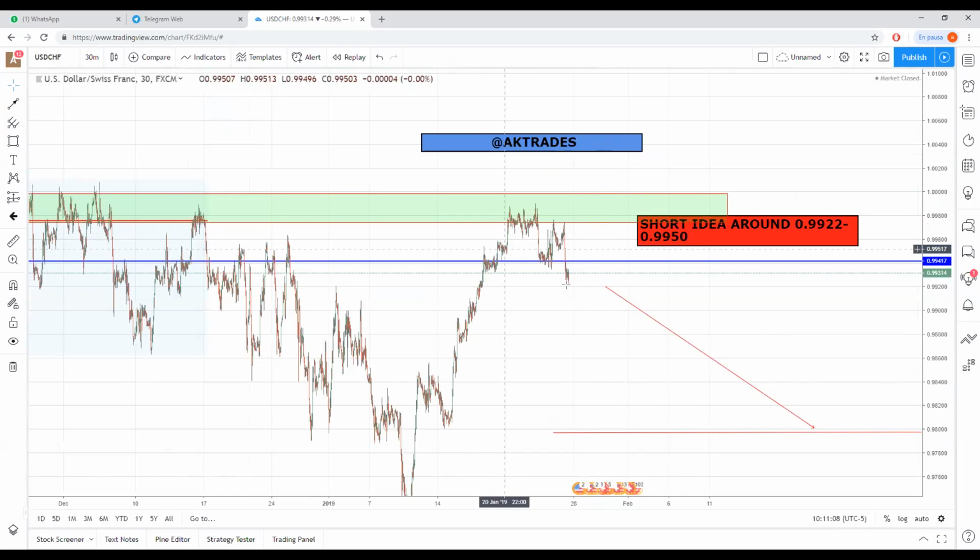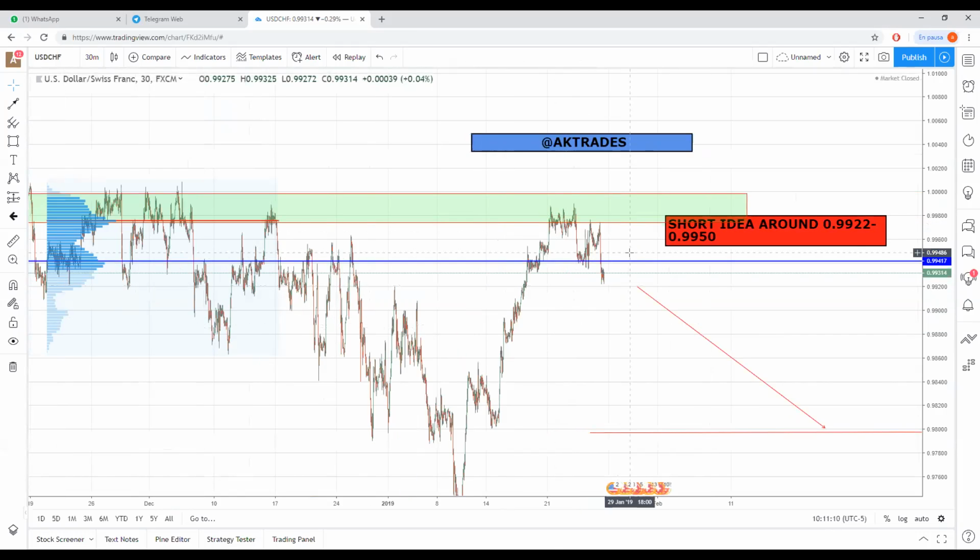Depending on your trading style, you can enter around this area. So what are the targets for this position?